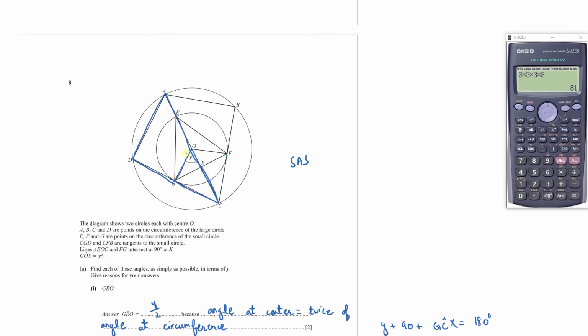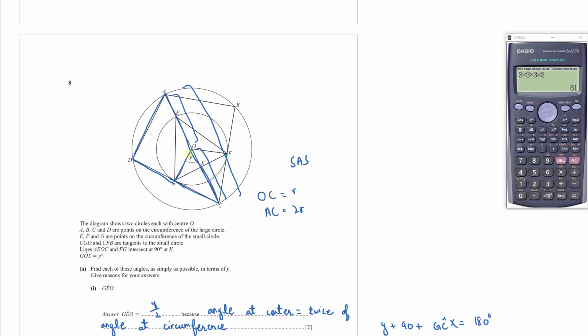So if you look at this length, OC, it is the radius of this big circle, and OA is also the radius of this big circle, right? So if OC is R, then this full length AC is twice this radius, 2R.